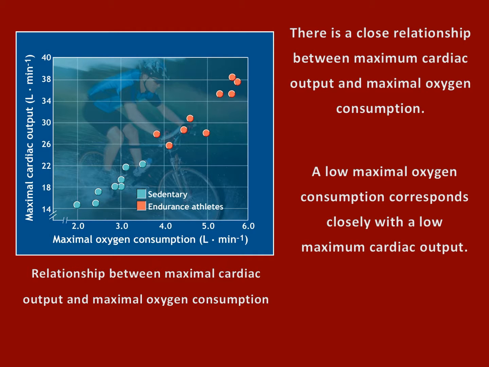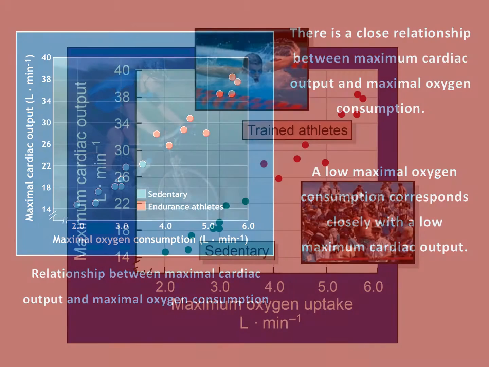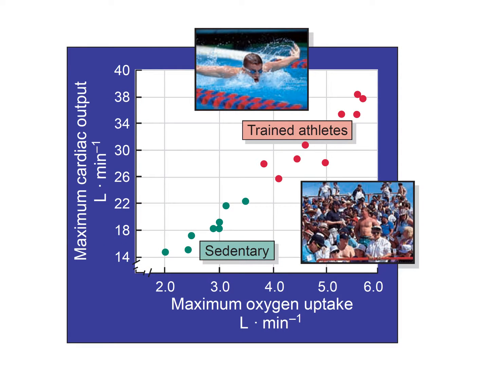If somebody has a low oxygen consumption, they will also have a low cardiac output, and vice versa. On this figure, we can see that sedentary people have a low maximal oxygen uptake, and hence a low cardiac output, while conditioned athletes have a high oxygen uptake and cardiac output as well.